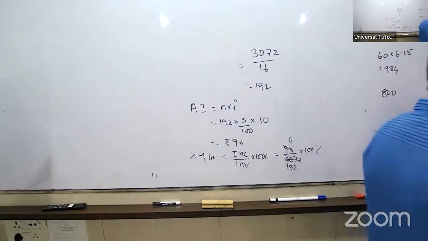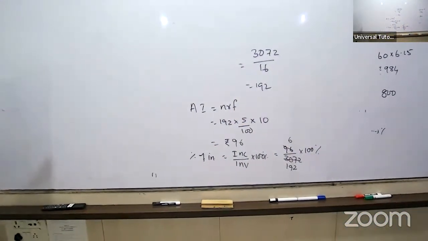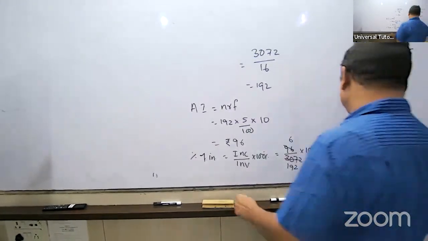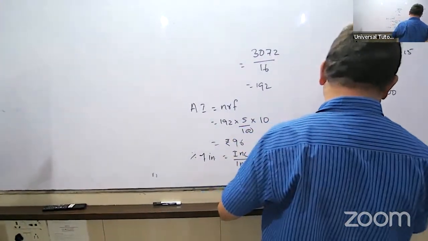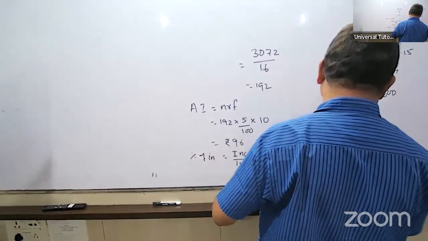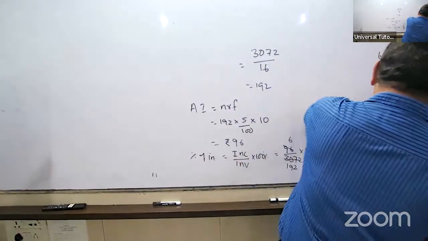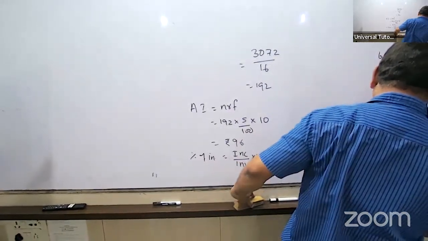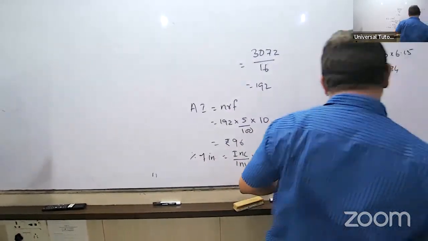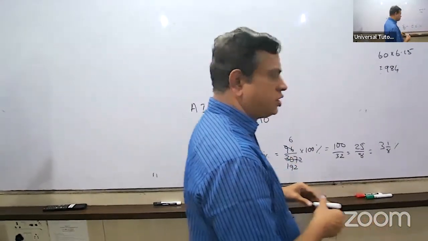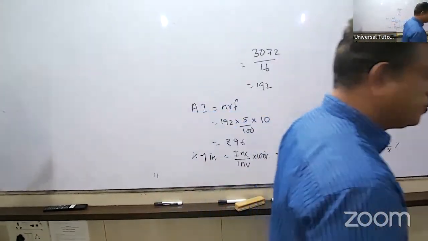Okay. That is equal to 25 by 8. 3 upon 3 by 3. That is 3 1 upon 8. That is 3.125.